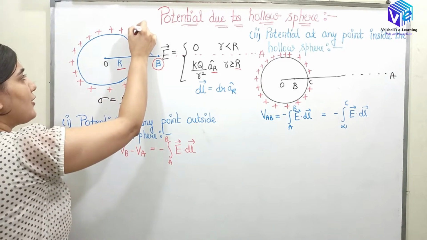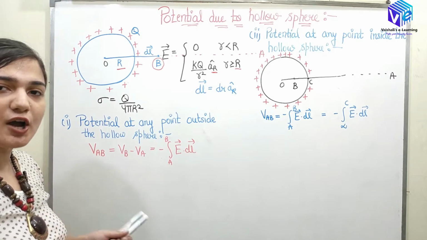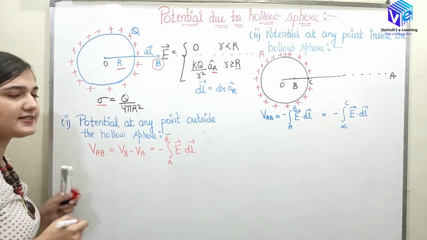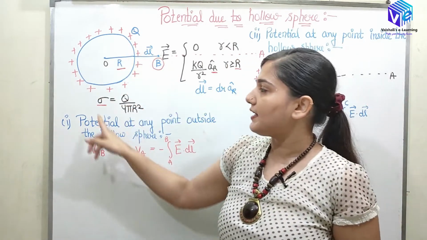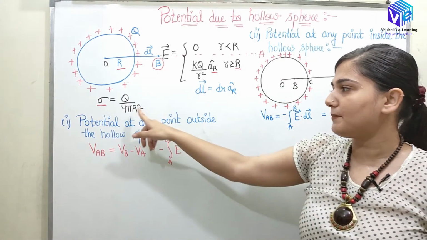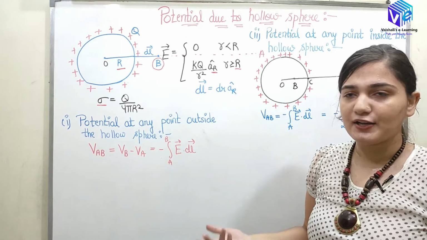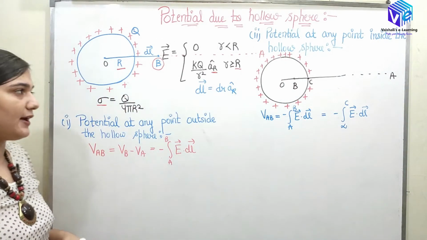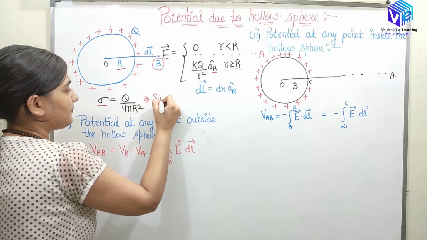The overall charge over this sphere is Q, and the surface charge density is given by sigma, which is equal to Q upon the area. The area of the sphere is 4 pi R square, where capital R is the radius of the sphere. So sigma is equal to Q upon 4 pi R square. This was all about the surface charge density.